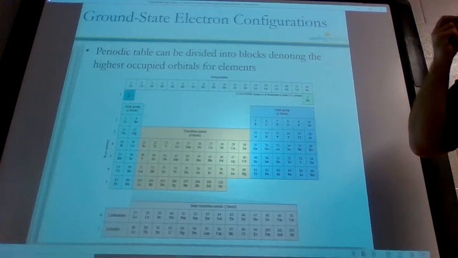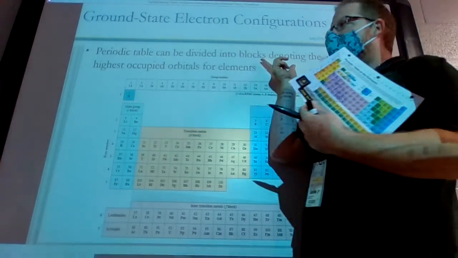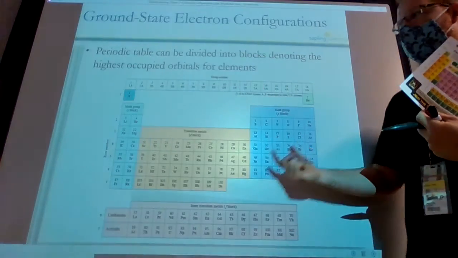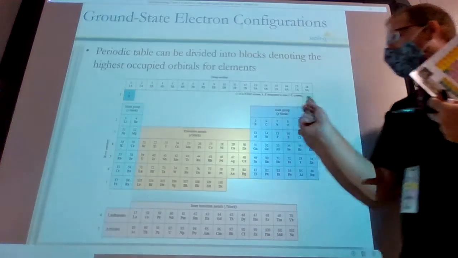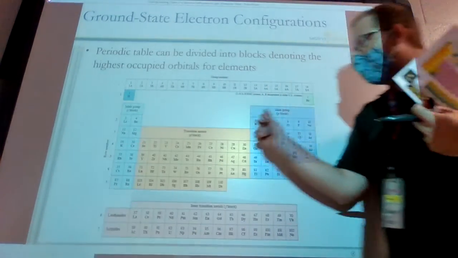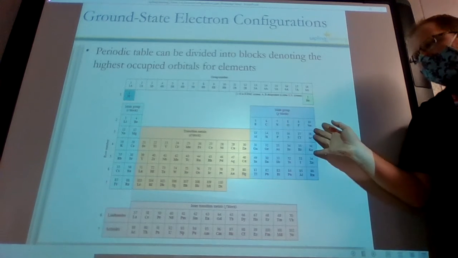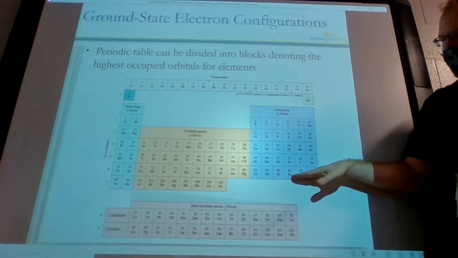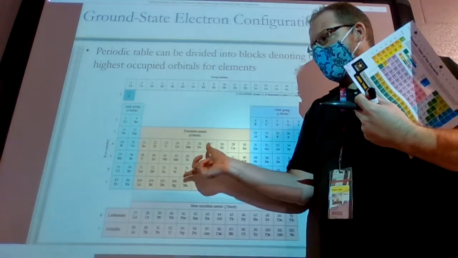Now, here are the blocks, and this is actually going to help you out a lot. The periodic table can be divided into these blocks that match up with your orbitals. Your S block is right here, including hydrogen and helium. Your P block is over here, so 6 elements across, and you have 5 rows. Your D block is right in the middle.